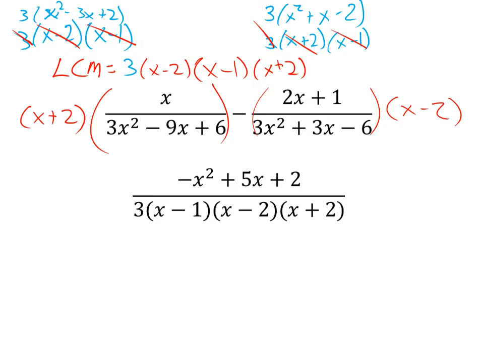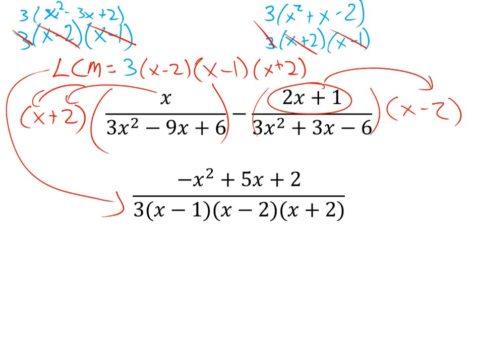And then we would distribute into the top, and then we would combine the like terms. And then our least common multiple ends up in our denominator. So again, you would distribute this x to both parts, FOIL these two together, and then subtract them.